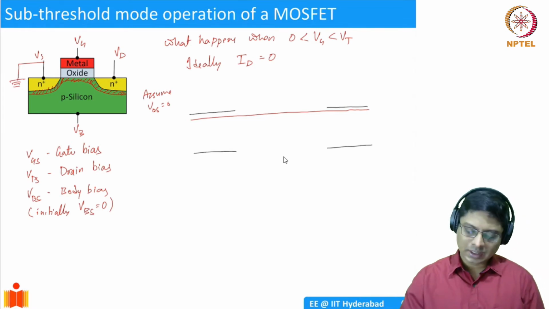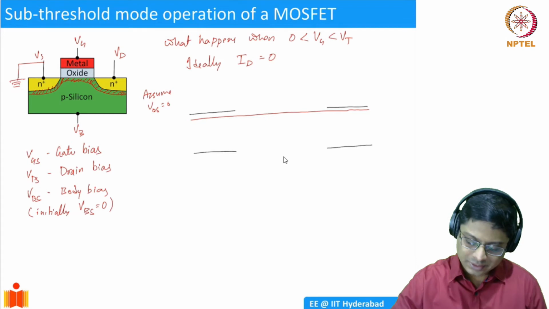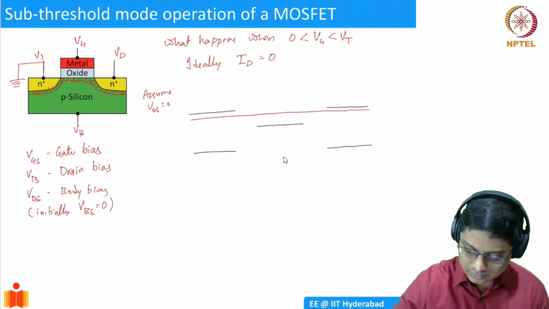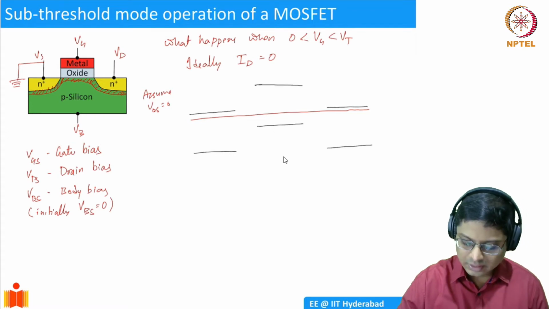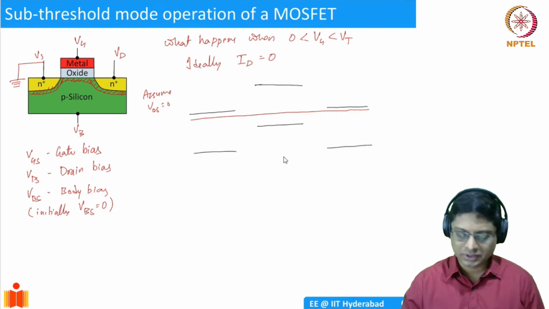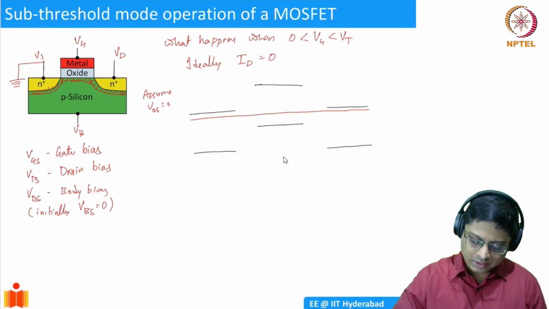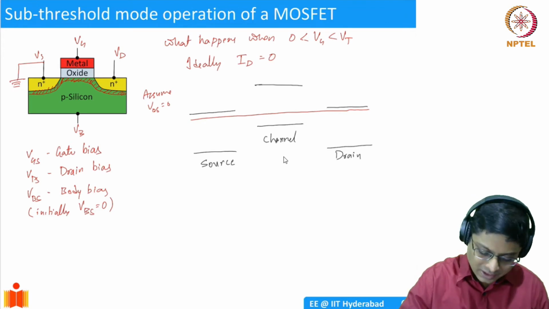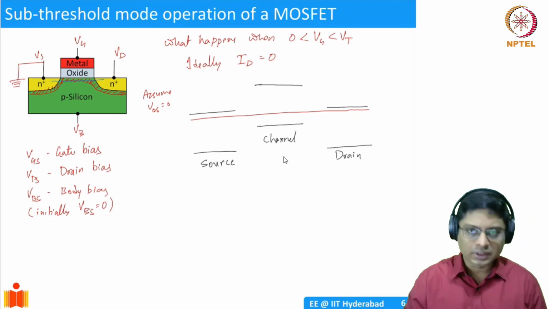And in between them there is a P-type semiconductor. So this is my source, this is my drain, and in between them is a channel region. I'm drawing the band diagram across the channel.